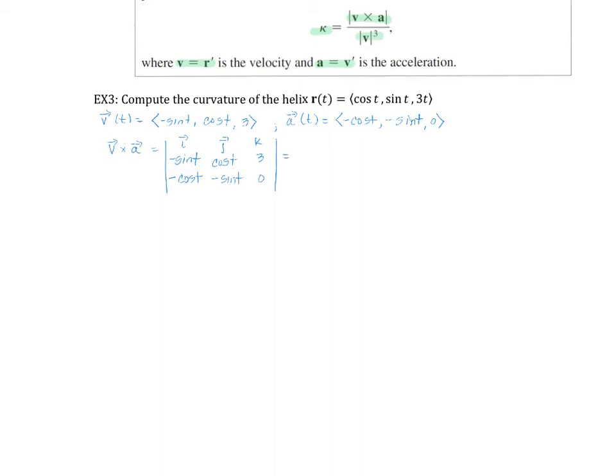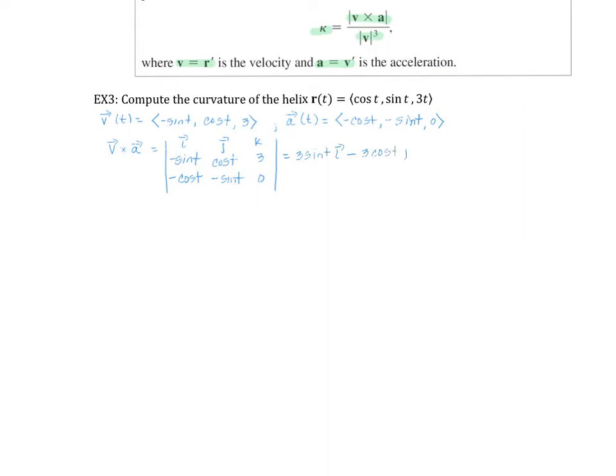Computing, so remember the I component, I cover the I, and I have cosine 3, negative sine 0. So it's going to be 0 minus negative 3 sine of t, which gives me a positive 3 sine t i, minus my j, covering j, is going to be 0 minus a negative 3 cosine of t, which turns into a minus 3 cosine t j.